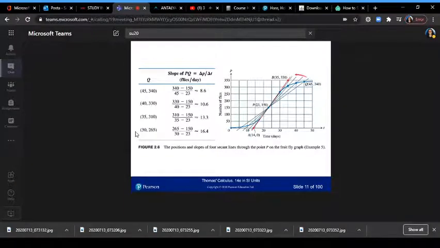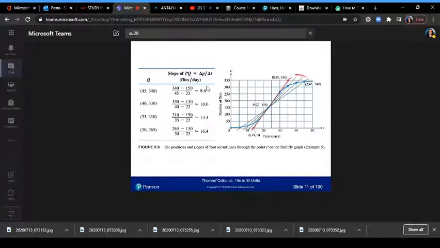Look, the interval is getting smaller and smaller. The point Q, actually, we are interested in point P, which is 23. So we are getting closer to the point 23, from 45, 40, 35, 30.